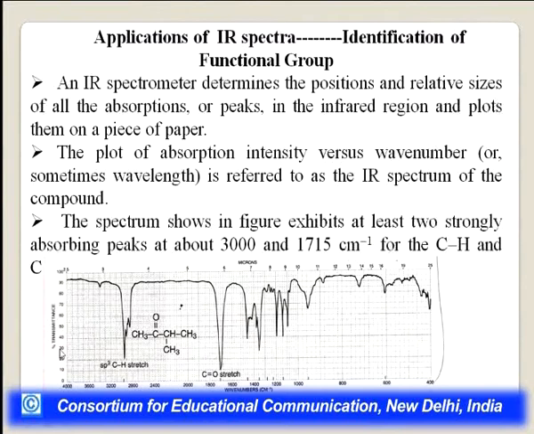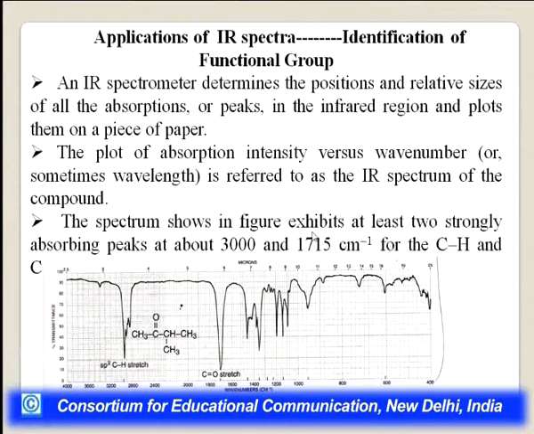Its value increases from 0 to 100, and from left to right, that is from 4000 to 400, this is the wave number which is given in centimeter inverse. So this kind of plot of percentage transmittance or absorption intensity versus wave number, or sometimes wavelength, is referred to as an IR spectrum.